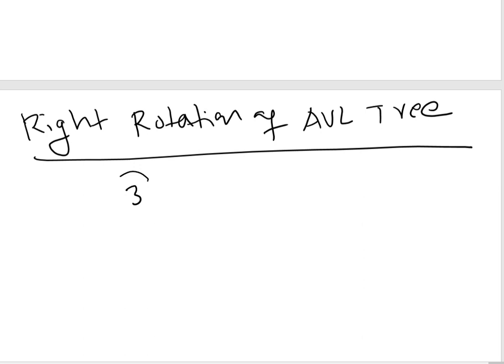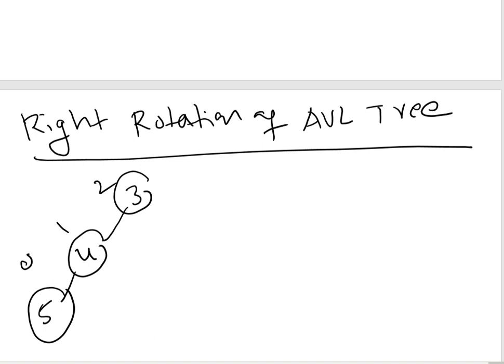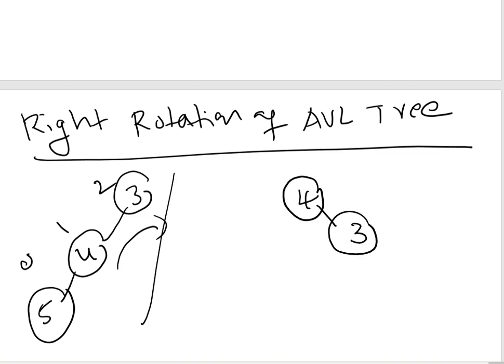For example, this is a problem I have here: 0, 1, 2. What may be the solution? If I do only one right rotation, what happens? 4 will be the root, 3 will be here, 5 will be here. So height will be 0, 1, 0, 1. So this is right, so balanced.